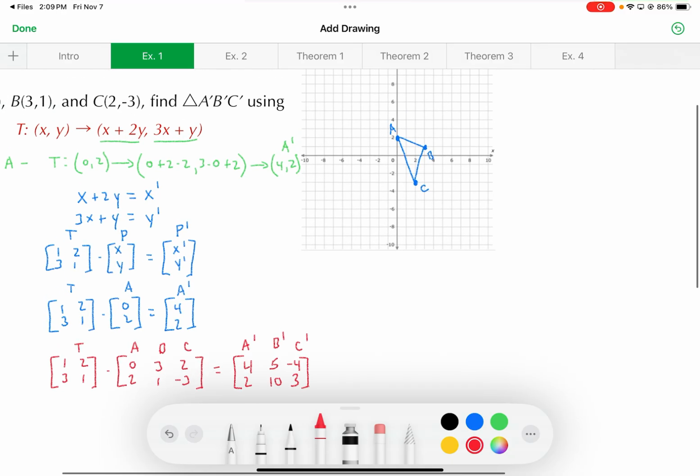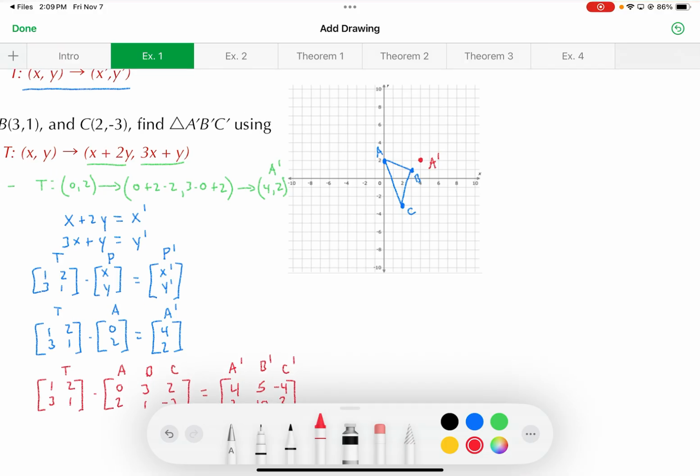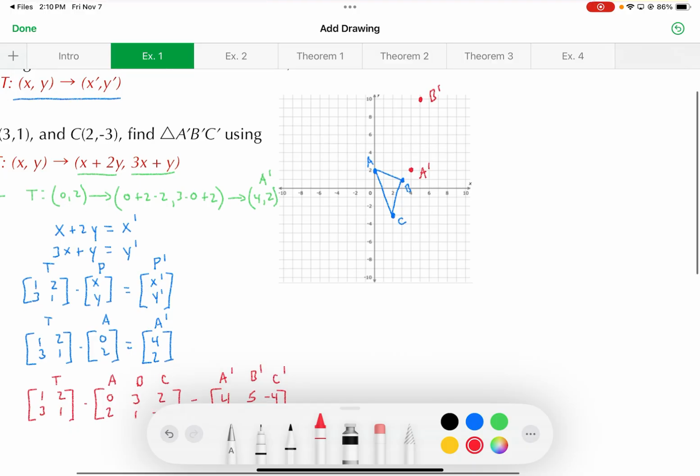Okay, so let's plot those. 4, 2. 5, 10. 4, negative 3. I'm sorry, negative 4, positive 3.